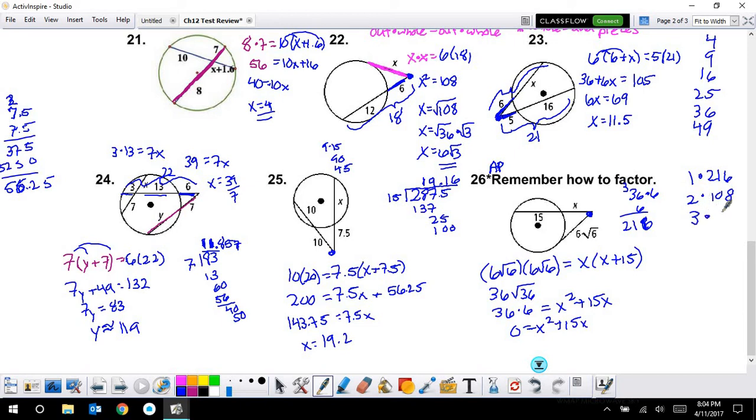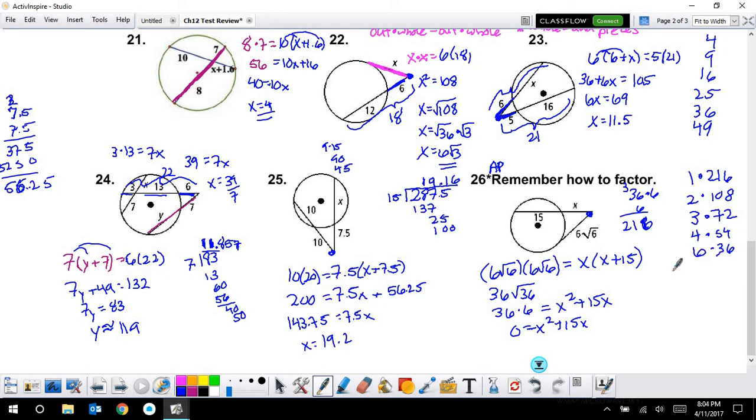We've got 3 and 72. We have 4 and, let's see, 54. 5 does not work. We have 6 and 36. That's what we came from here.